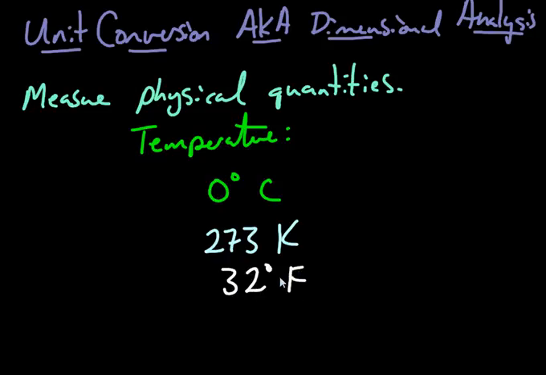The physical quantity is the temperature of an object, essentially how warm or cold it is. And the measurement system is what we use to indicate that, or measure one temperature versus another. There are multiple different types of ways of doing that, and most physical quantities are this way.